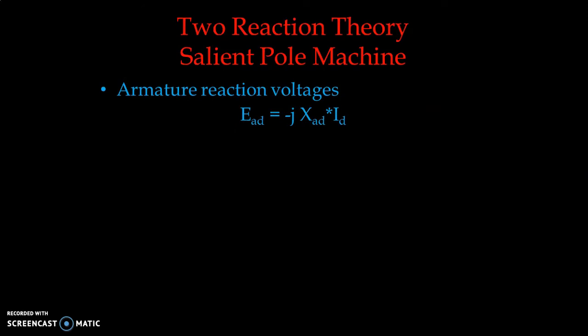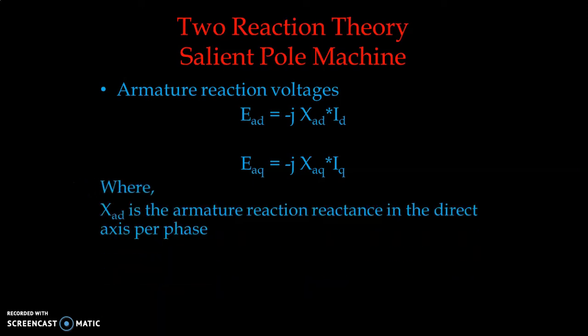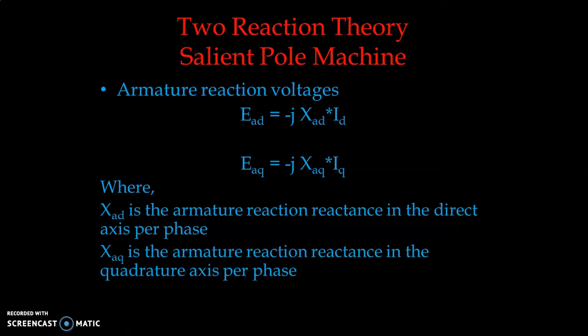EAD can be indicated by the equation minus J XAD multiplied by ID, and EAQ is minus J XAQ multiplied by IQ, where XAD is the armature reaction reactance in the direct axis per phase, XAQ is the armature reaction reactance in the quadrature axis per phase, ID is the current component in the direct axis, and IQ is the current component in the quadrature axis.